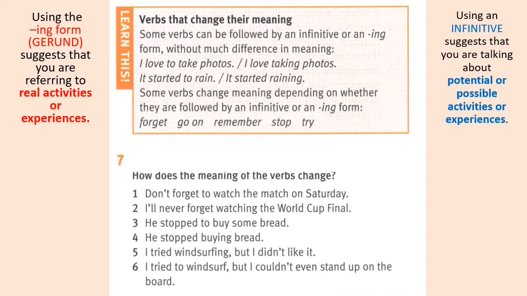So he stopped to buy some bread, but he need not have bought some bread. So maybe he did, maybe he didn't. On the other hand, in the fourth sentence, he stopped buying bread. That was his decision, and he doesn't buy any bread anymore. So that is something that is, so to speak, real.